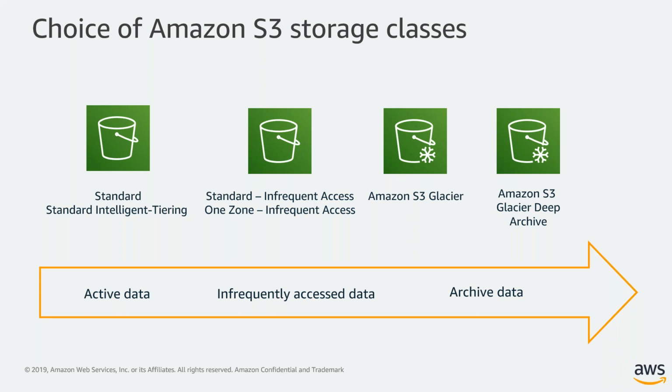You could think of it as fully managed tiering from an AWS perspective. Then we also have the Standard infrequently accessed tier, as well as our One Zone infrequently accessed tier. And as we get to the archive storage classes, we have Amazon S3 Glacier, as well as what was released earlier this year, Amazon S3 Glacier Deep Archive.